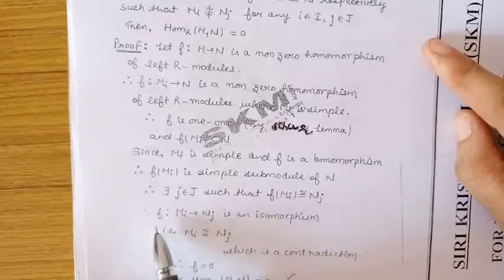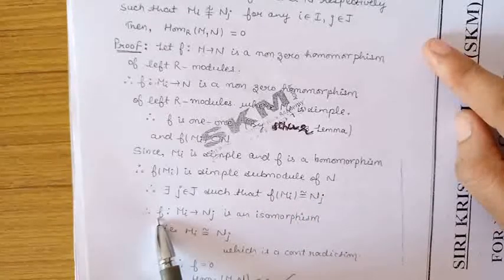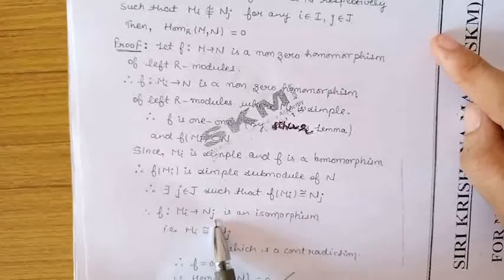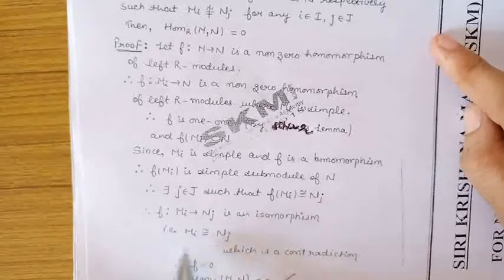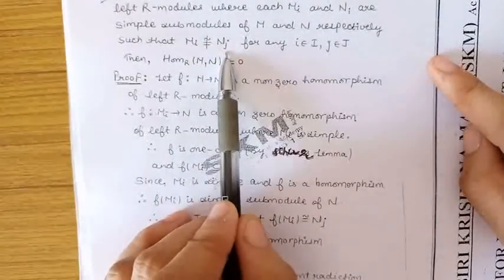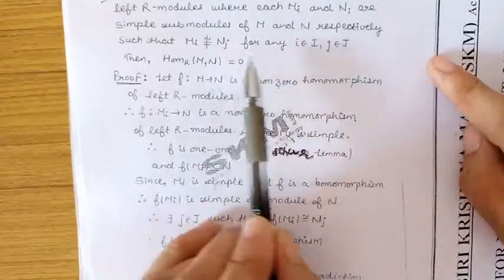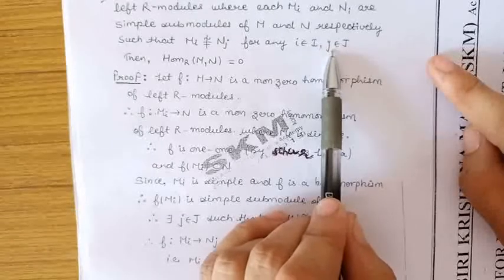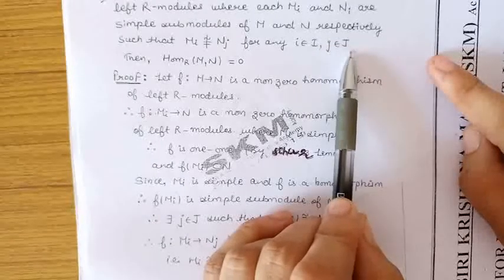Therefore f is an isomorphism from module Mi onto Nj. But this is a contradiction, because we are given that Mi is not isomorphic to Nj for any i belonging to the index set I and j belonging to the index set J.